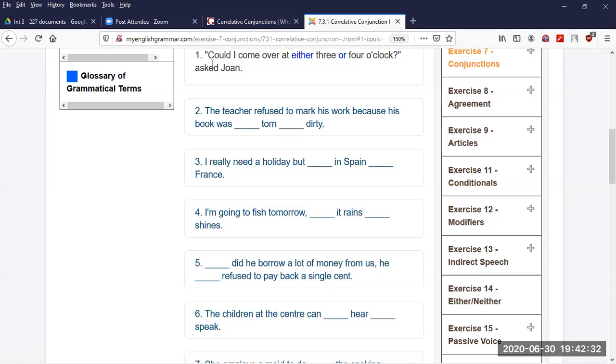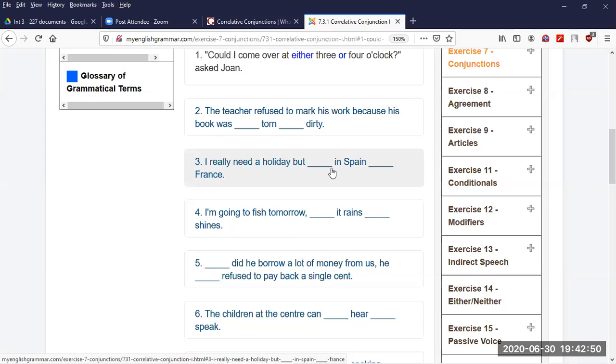Anyone? I believe it's neither. But then if we use neither, we're saying the book was not torn and the book was not dirty.